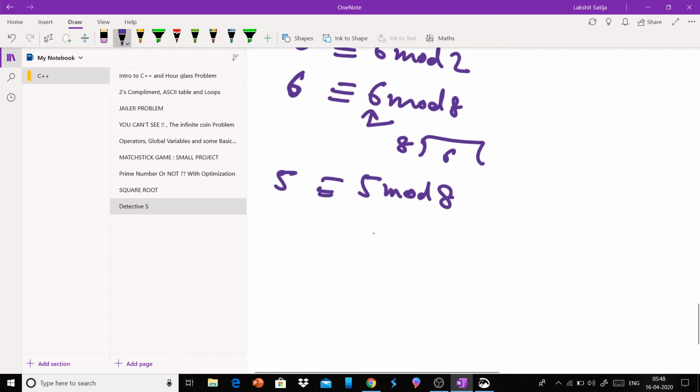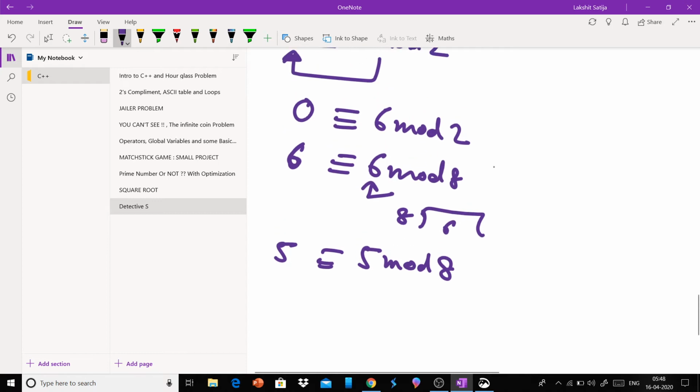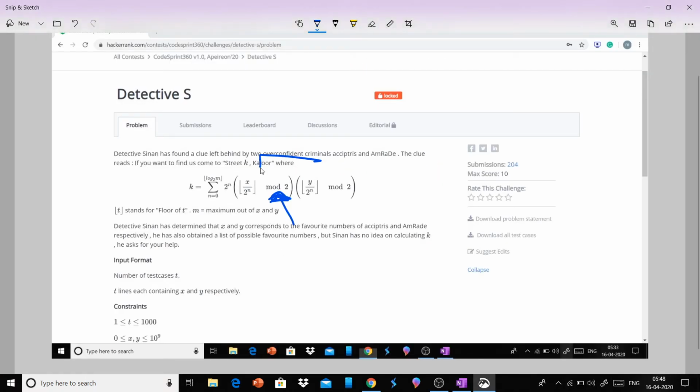So basically this condition means that we need to divide this number by 2 and get the remainder. So what we need to do is x by 2 power n, remainder 2, right?